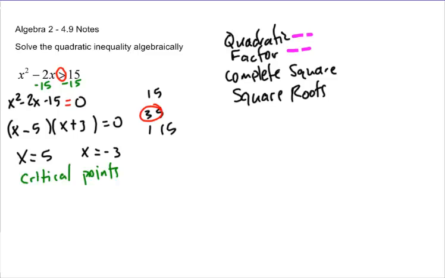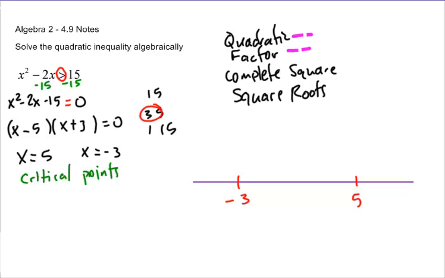But today we're just going to use them to figure out where this expression is going to be greater than 15. So now what we do is draw a number line, and on the number line we're going to put our critical points: a critical point at negative 3 and a critical point at 5.